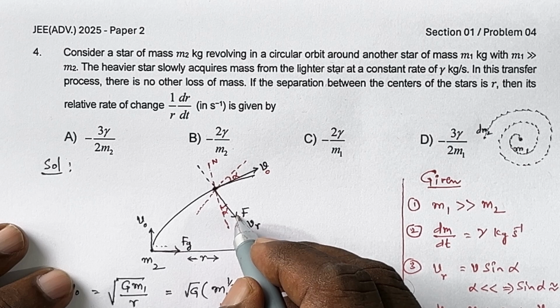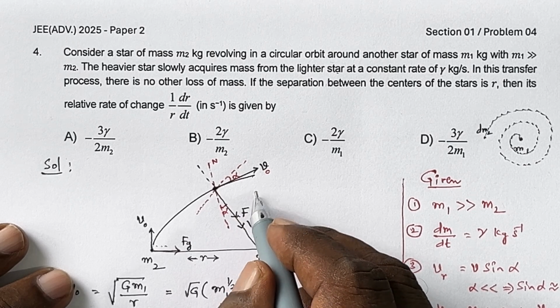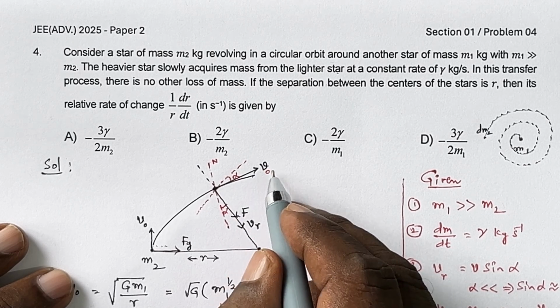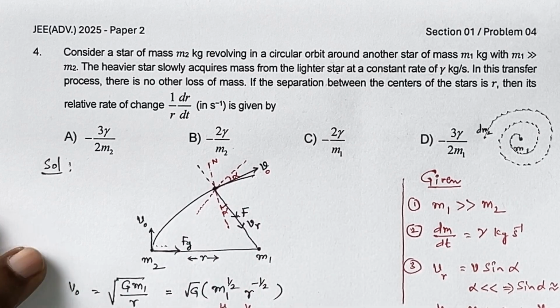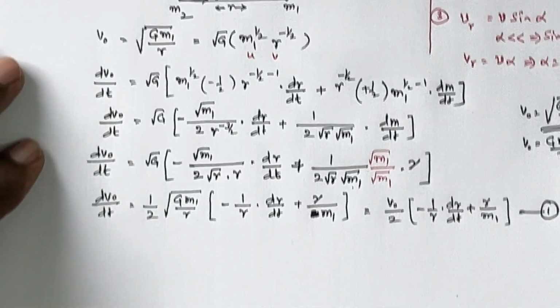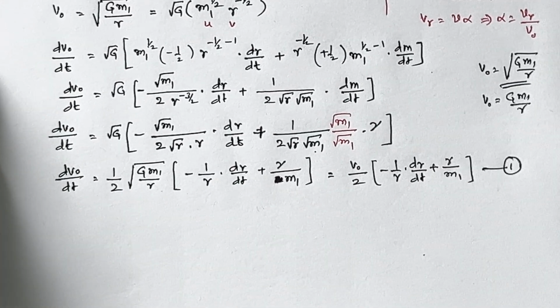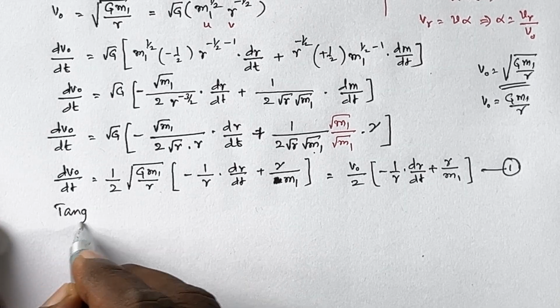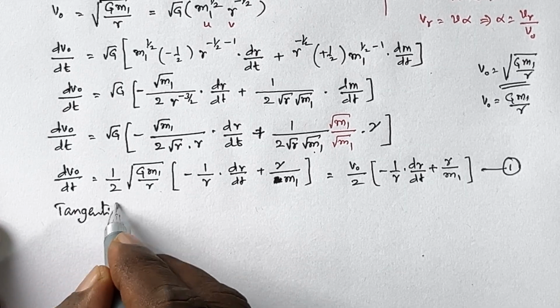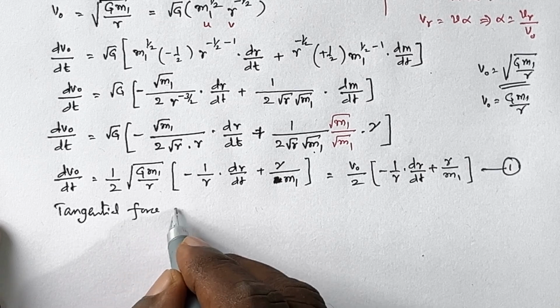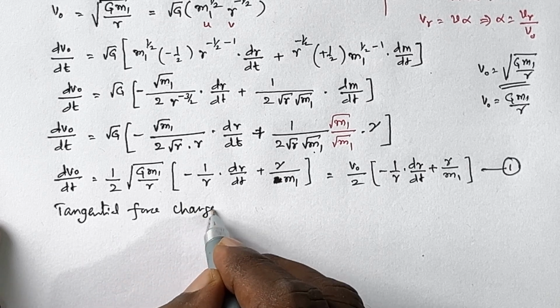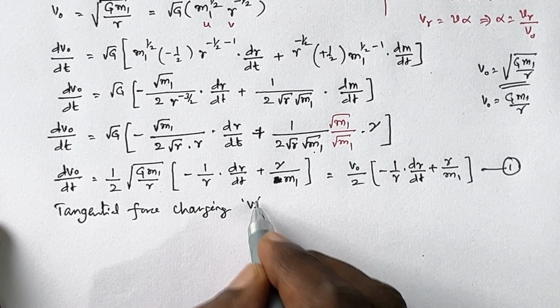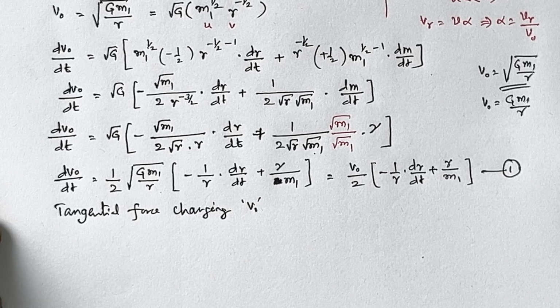This force's tangential component is changing this velocity. So we write here, tangential force changing v naught.